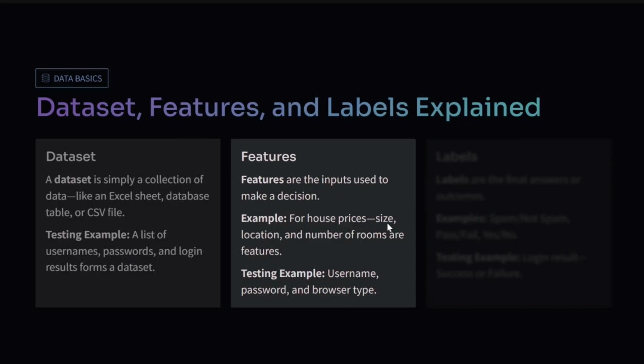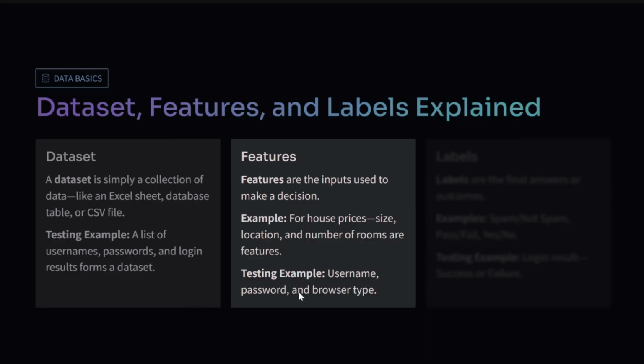The size of the house, the location, the number of rooms, whether it is a standalone house or an apartment, and what facilities the society has. All these things, size, location, number of rooms, standalone or housing society, and amenities available, are features. Based on the features, we can decide the kind of data, and the actual data we want to calculate is the house price.